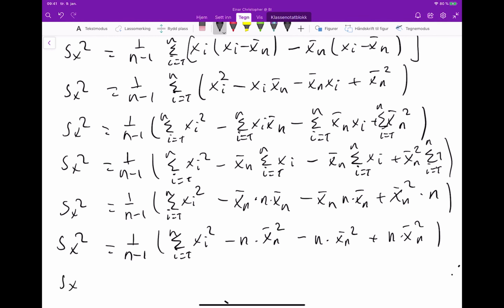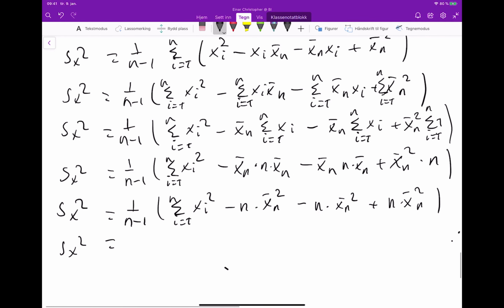So then I could add these 3 last expressions. And then I have minus 1 n x bar n to the power of 2, minus 1 more, it's minus 2, plus 1 is minus 1. So this is minus 1 n x bar n to the power of 2, like this.